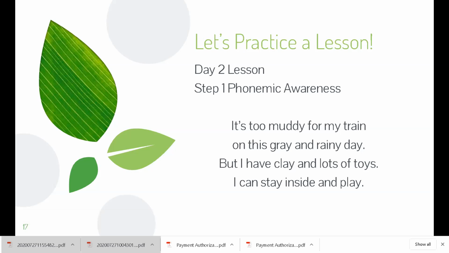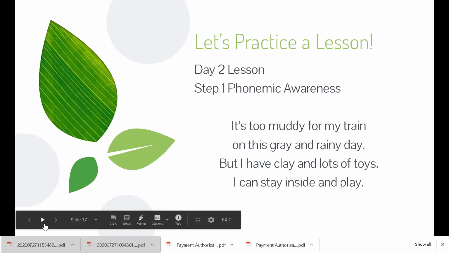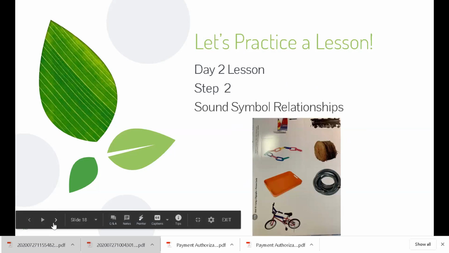So I might read with the group and say, it's too muddy for mine. I might pause and be listening for what the word is, and that's okay because they're learning from their peers. Or you see a kiddo struggling and you do a quick reminder at the end. Remember, Michelle, that AI makes the long A sound. So it also shows you how you can do a little bit of teaching. So phonemic awareness is always our first part.